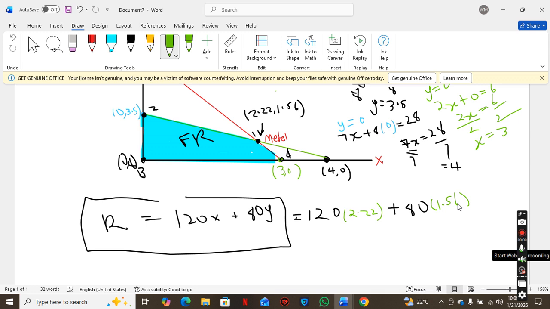So 120 multiplied by 2.22, you get 266.4.